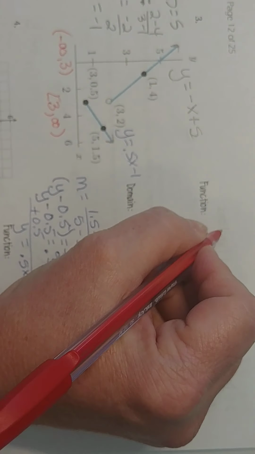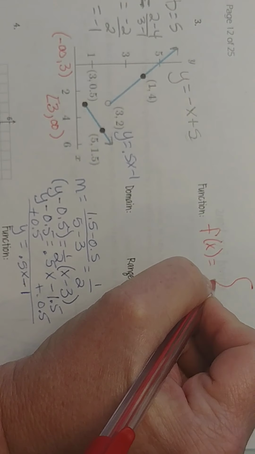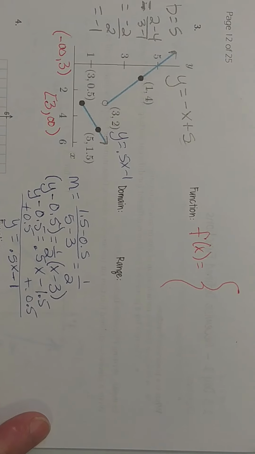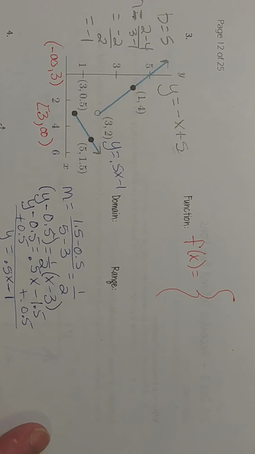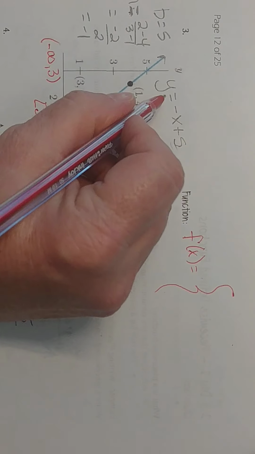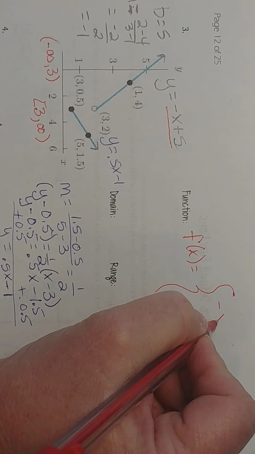Okay, so I'm going to write f of x equals, and draw the big brace so it can show all the pieces of my function. And the first one was this one here. So we need this negative x plus 5.